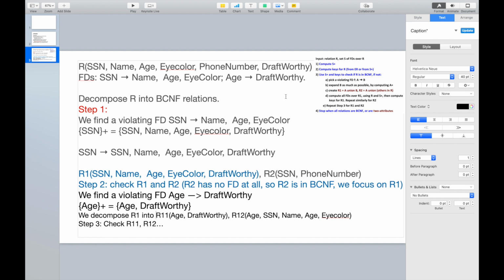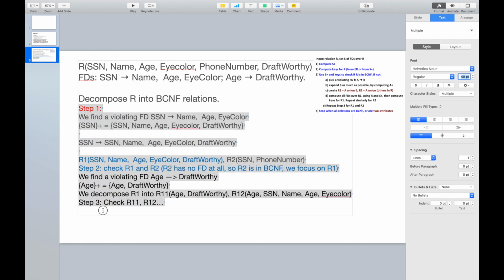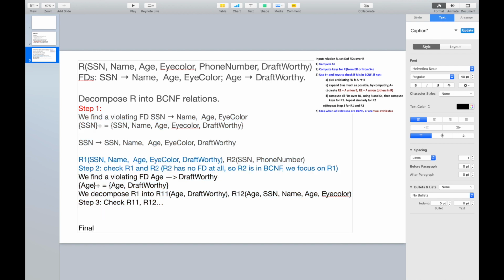Therefore, according to the algorithm, we can decompose the relation we provide in this example into 3 relations. We decompose this relation R into, what? The first one we get is R11, which is age and trustworthy.